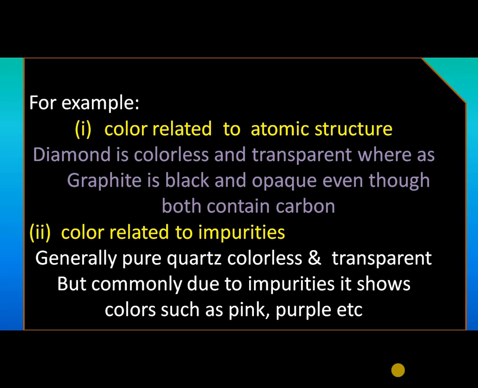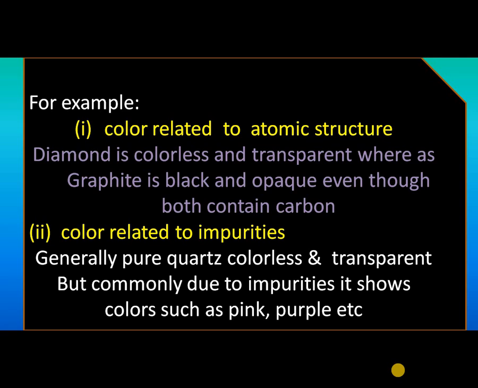So the chemical composition of diamond is carbon and the graphite composition is also carbon. This is related to atomic structure. Though the chemical composition is same in both the cases, because of the internal arrangement of atomic structure, the presence of carbon made a mineral as diamond and another as graphite.